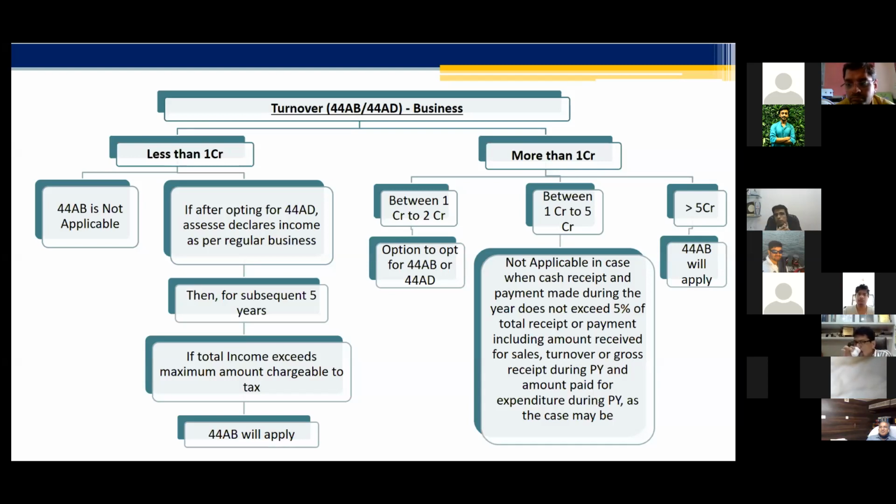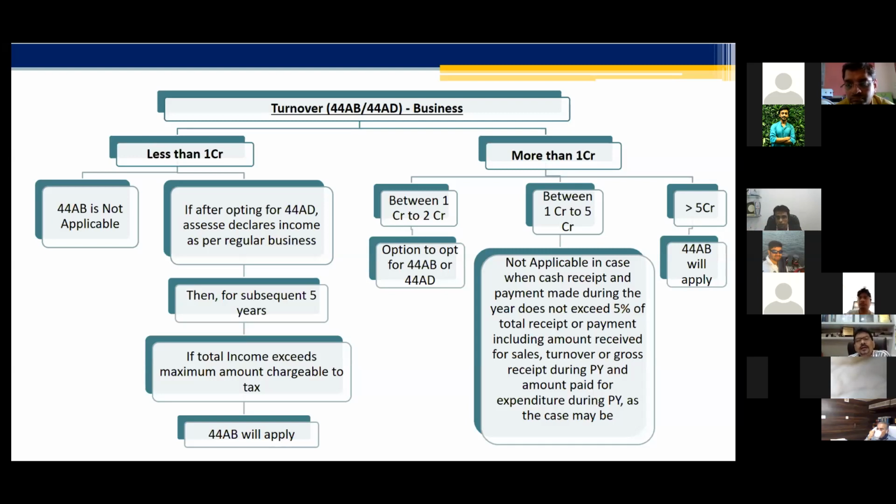Coming to the third portion, more than 1 crore. 44AB states that if my cash receipts or cash payments do not exceed 5% of the total receipts or payments, then for the purposes of 44AB, the 1 crore limit would be treated as 5 crores.